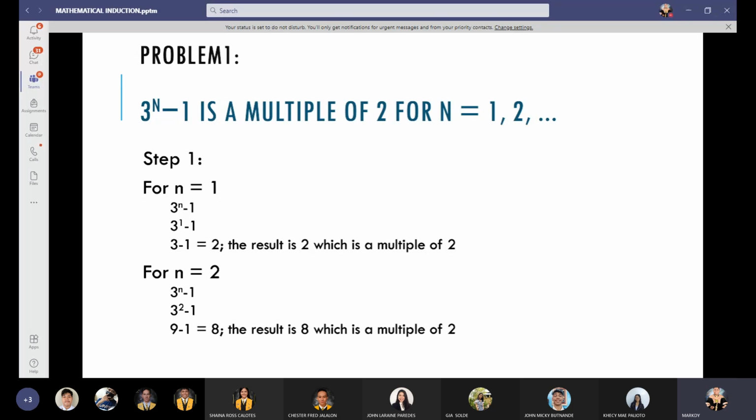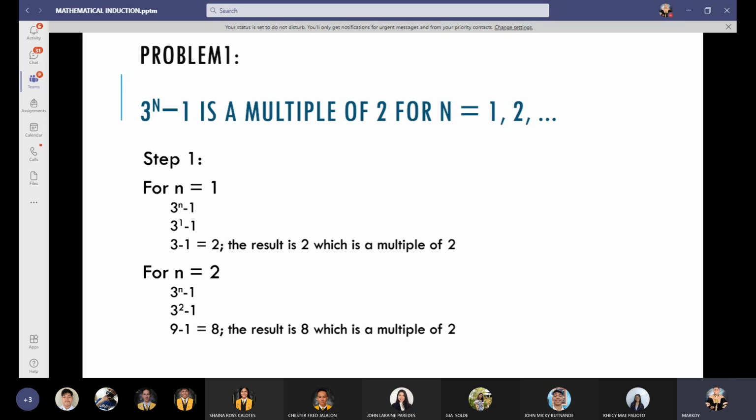Another example, if we have n is equal to 2, we just replace n with 2. 3 to the power of 2 means we multiply 3 by itself twice, so it will give us 9 minus 1, which is 8. And we know that 8 is a multiple of 2.